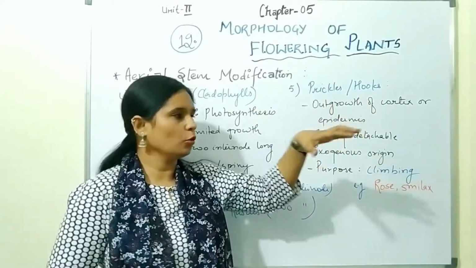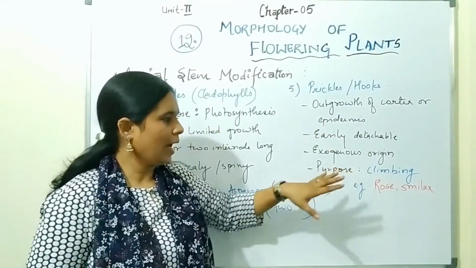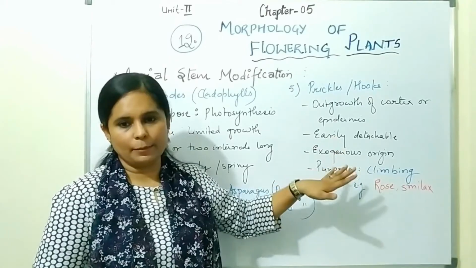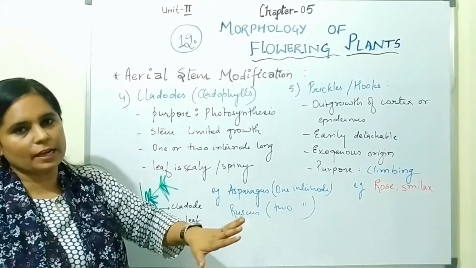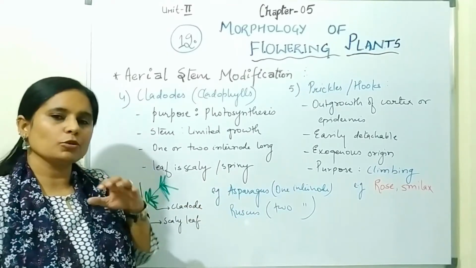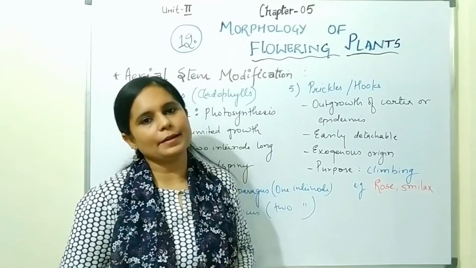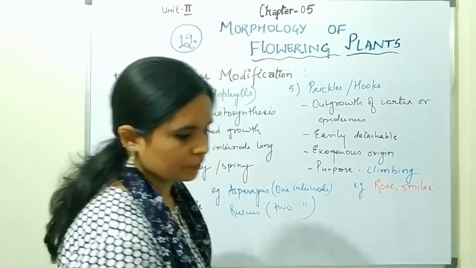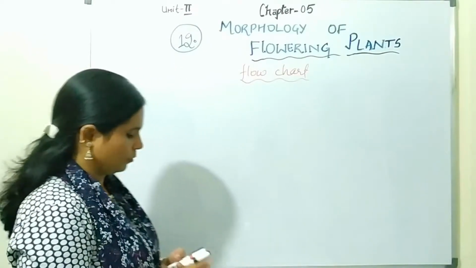They are outgrowths, superficially growing from cortex and epidermis, and their purpose is for climbing. So this is all about the aerial stem modification. Now I will give you the full flow chart of stem and its modification. So let's start with the flow chart.